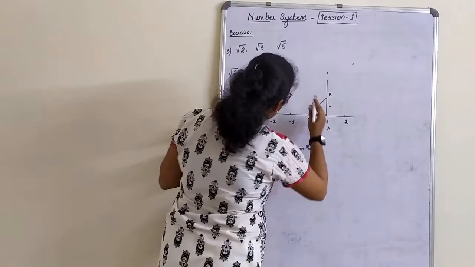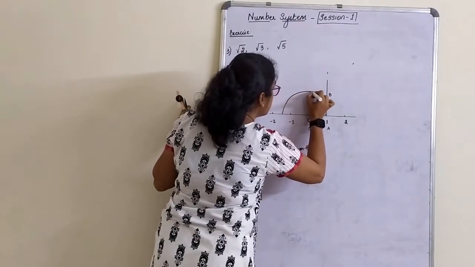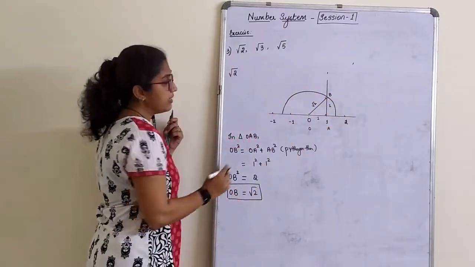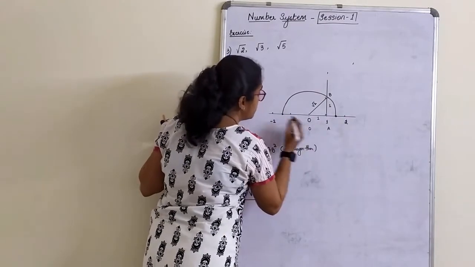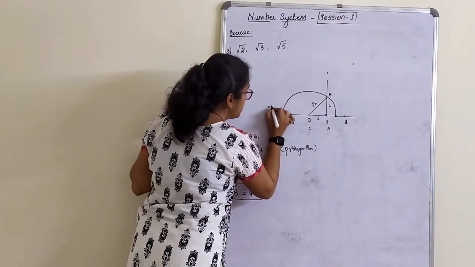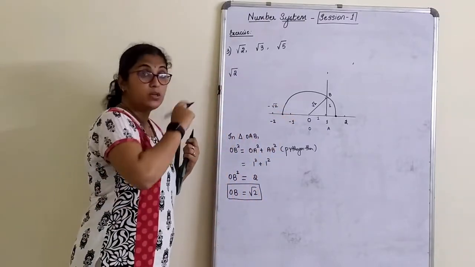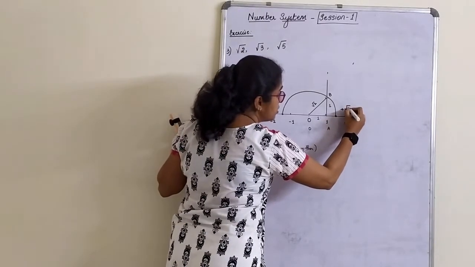So the arc that I can see here is exactly what I have drawn. So this point and this point represent minus root 2, where the minus sign is outside the root, not inside the root, and this is plus root 2.